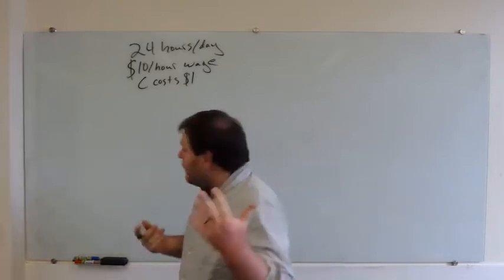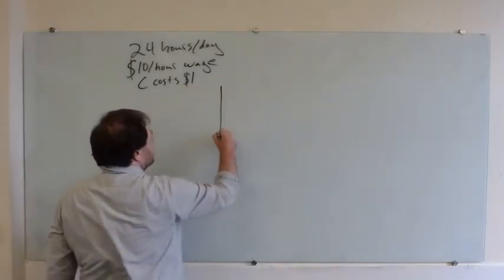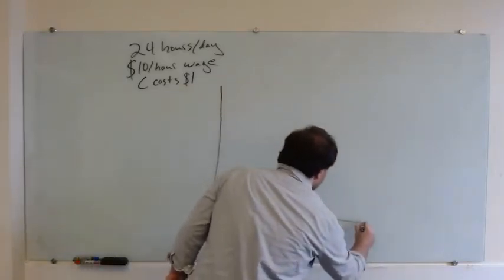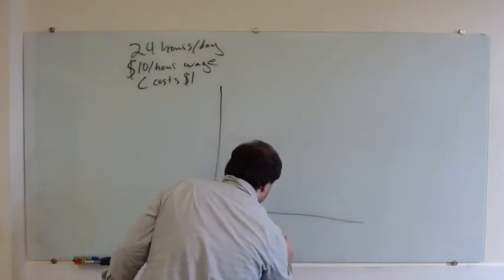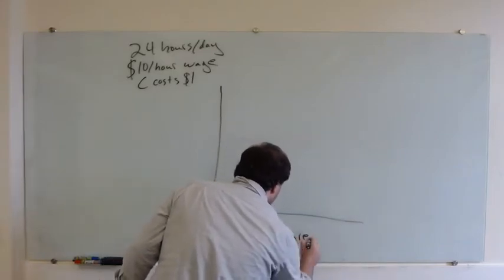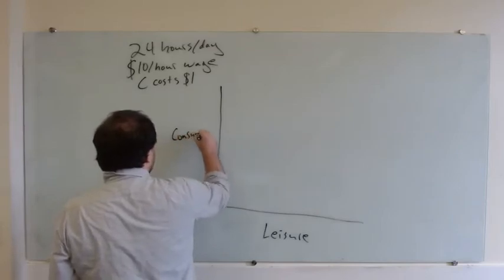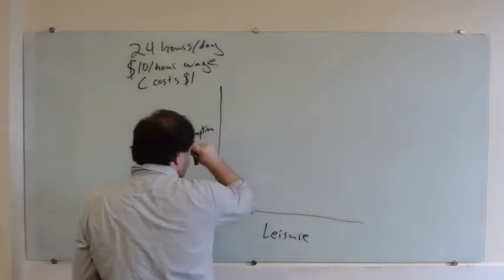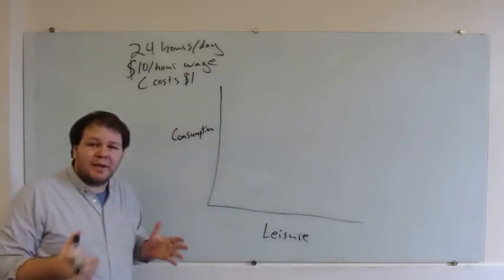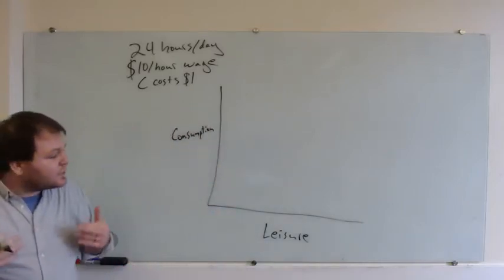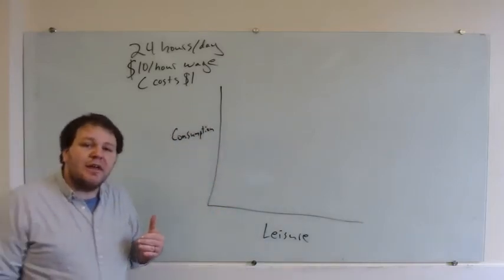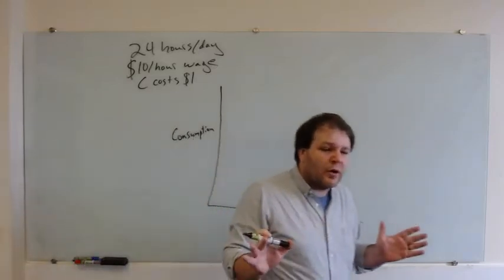Okay, so what we want to do is take this information and construct a graph that tells us how much leisure and how much consumption we can afford. So to start with, let's imagine that I didn't spend any time working at all.